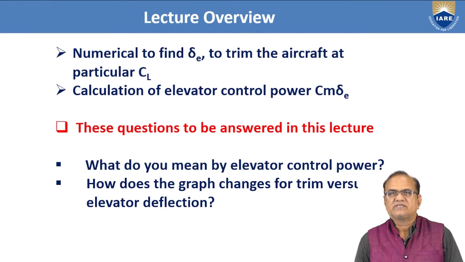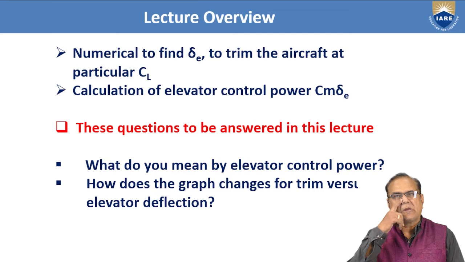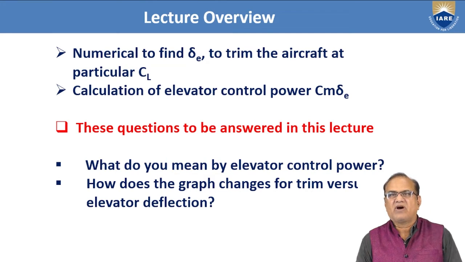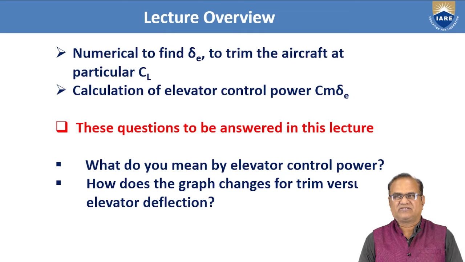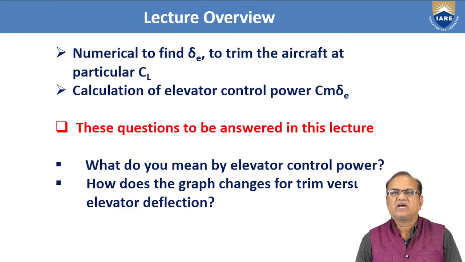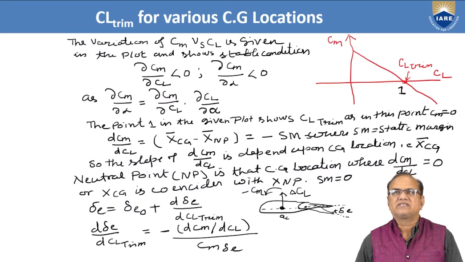We are going to discuss what you mean by elevator control power, and how the graph changes for trim versus elevator deflection. So these I am going to discuss in this topic.